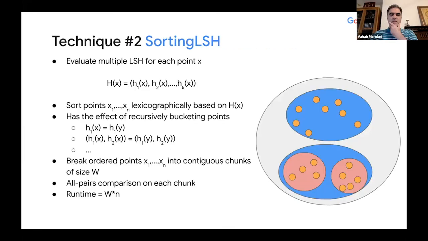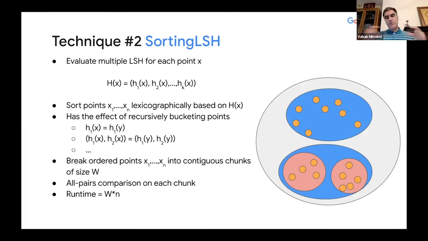So one way that we deal with this, at least in practice, and as I'll show it can help us, is what people call forest LSH or what we call sorting LSH, where the idea is to do many of these hashings, build a vector, and then do a lexicographic sorting of these vectors.